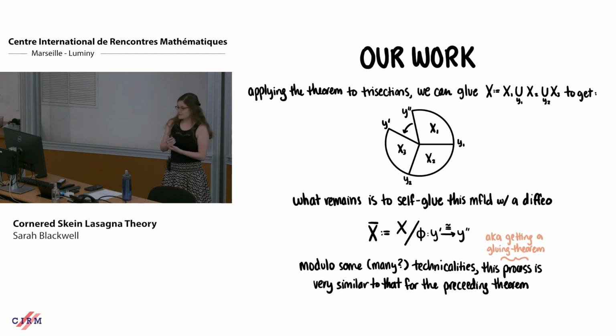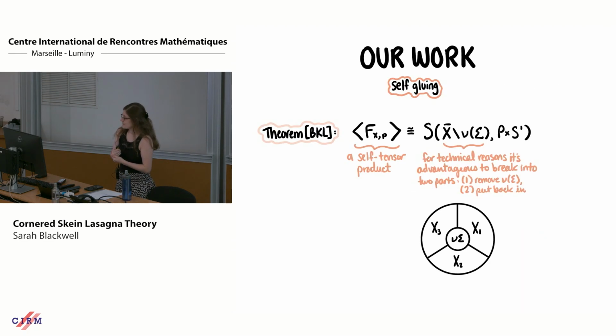And so this process is fairly similar to that of the preceding theorem. By this process, I mean the gluing theorem. In some ways it's similar, in some ways it's not. I'll say in which ways it's not. So we basically break this up into two steps.